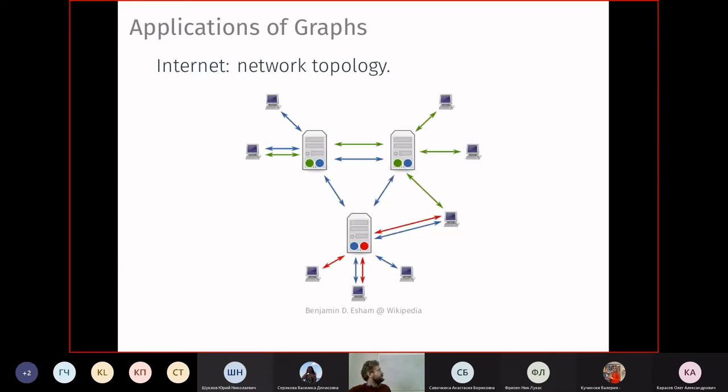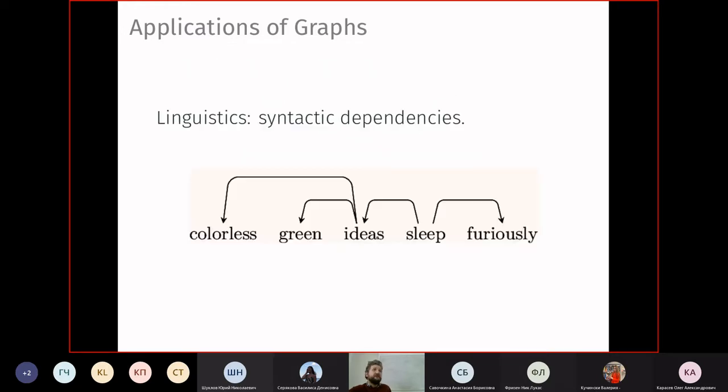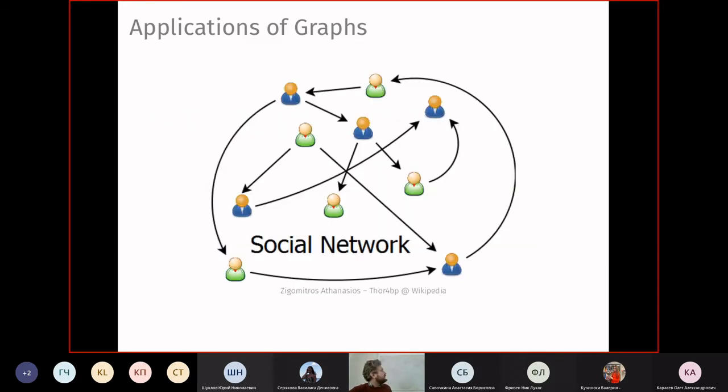Network topology is represented by a graph, a standard thing. Linguistics, by the way, also. If you represent the structure of a sentence, it's usually some sort of graph-theoretic situation, either a tree structure or a graph of dependencies, as you can see here, or things like that. Social networks will be the standard example which we'll use in homework 3.